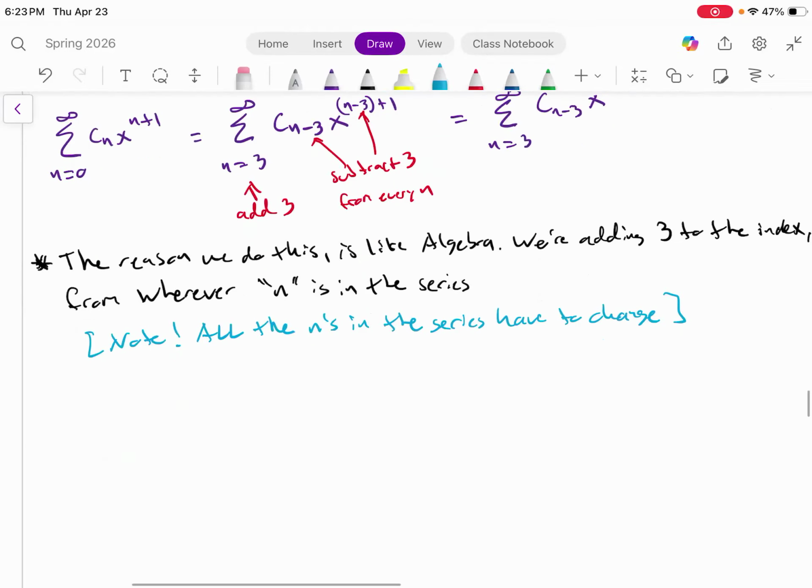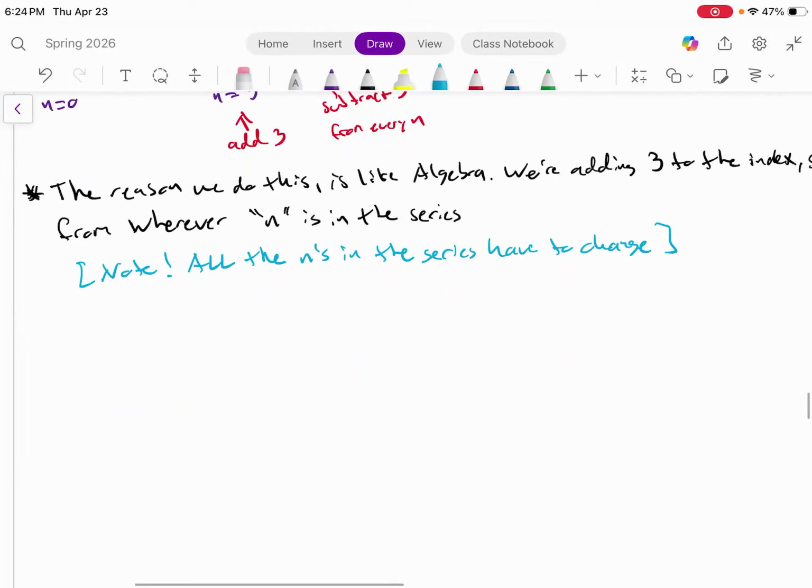So we did a couple of things in the solution. Okay, so what I want to do is recap a little bit about what we did.